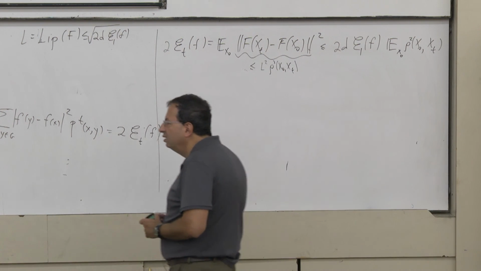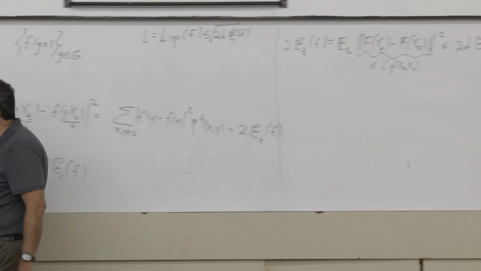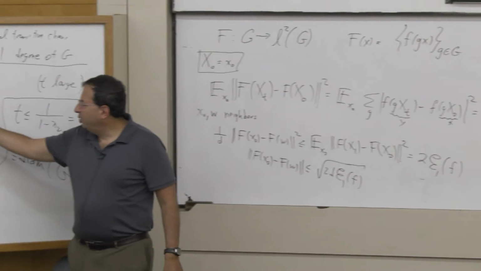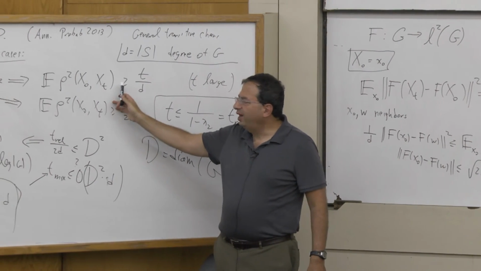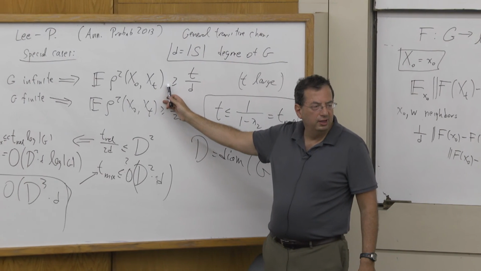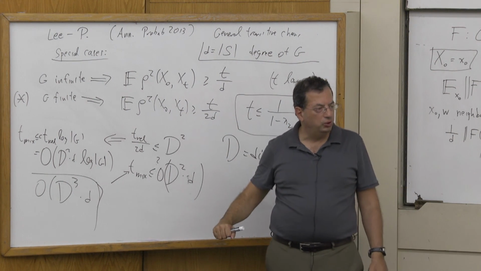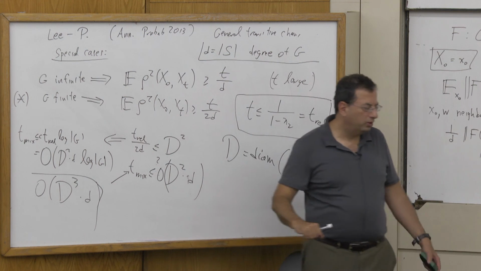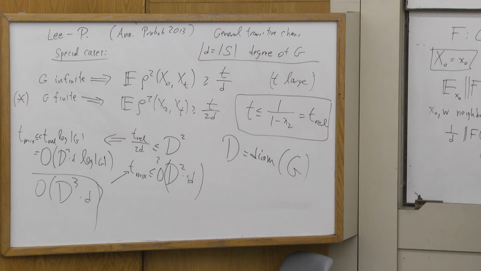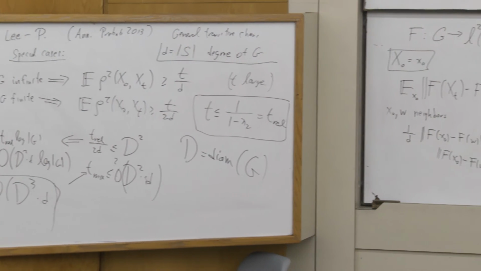I want to mention a few more things. One is, here we got a lower bound for the distance squared. We'd like to refine it to say that the expected distance is bigger than a constant times root t. This is true, but it's not obvious because it's going against the direction of Cauchy-Schwarz.